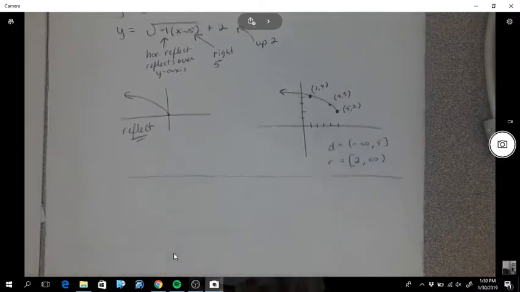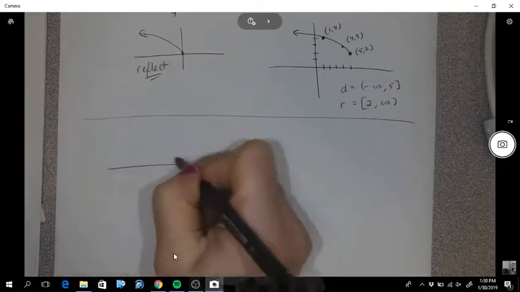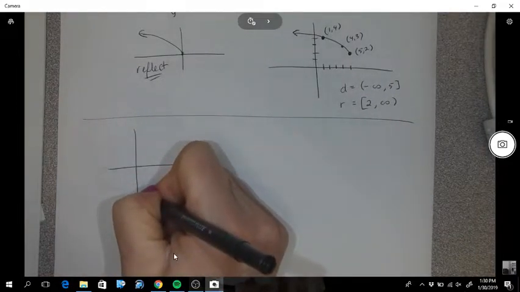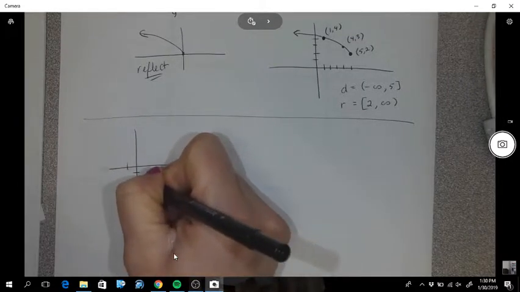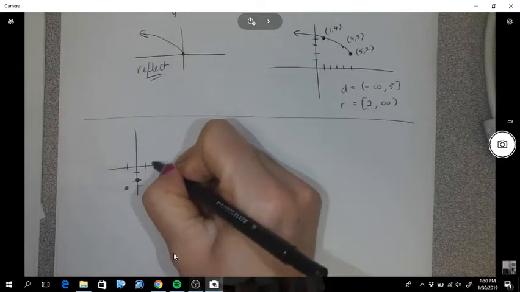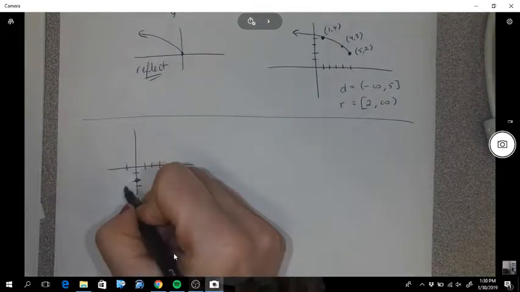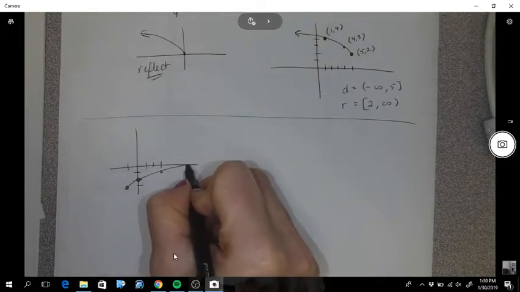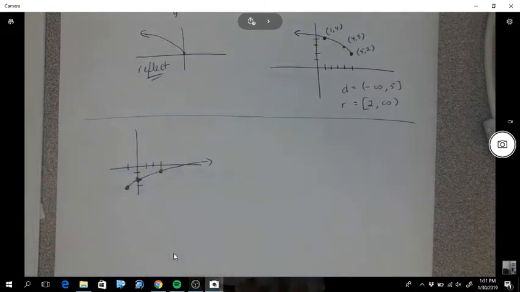Okay, what if I give you the graph and you have to develop the equation? Okay, so I'm going to give you the point -1, -3, and then y-intercept -2, and then the point 3, -1. Okay, so on this, do we have to make any decisions about reflections?